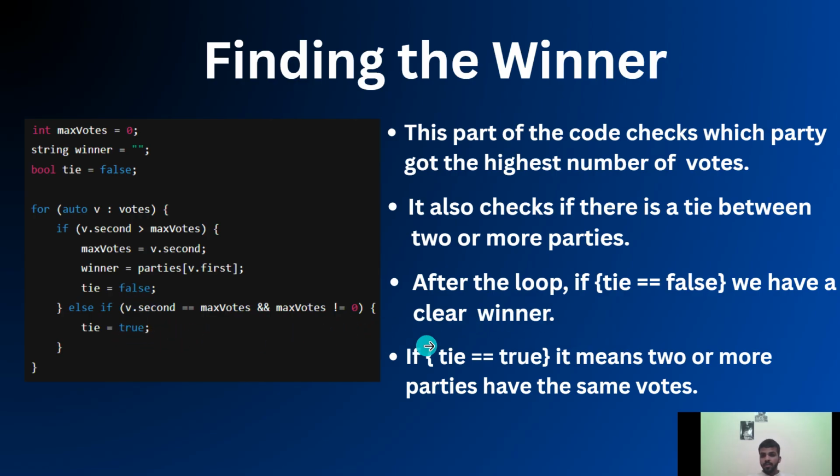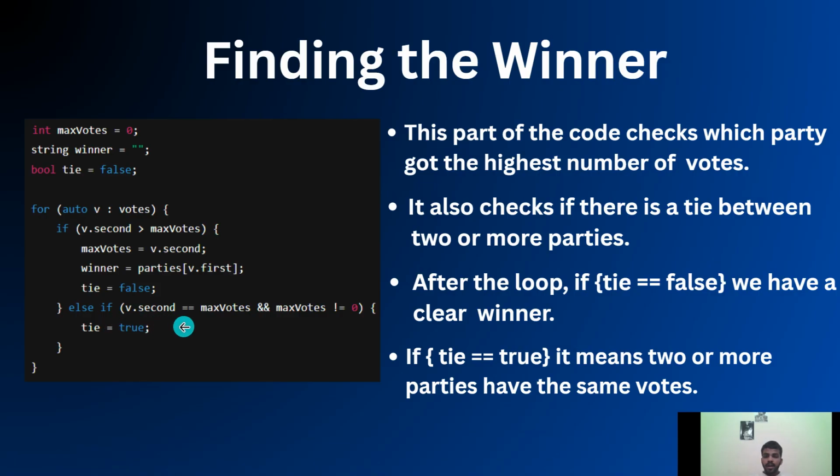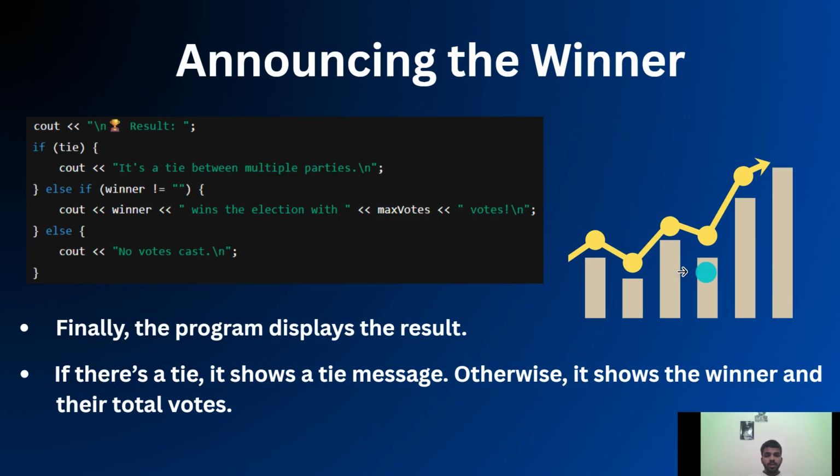Else if tie equal to true, it means two or more parties have the same votes. How it gives output, I will show in the program. Now let's move to announcing the winner.